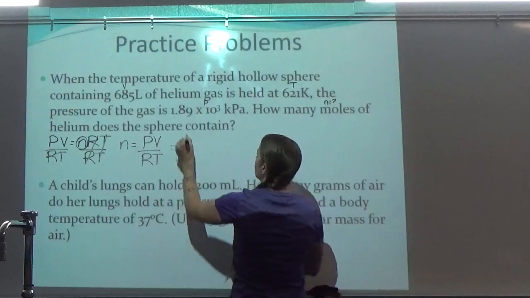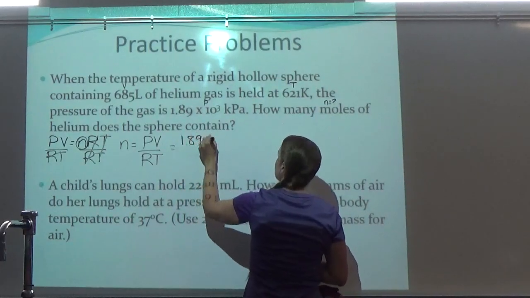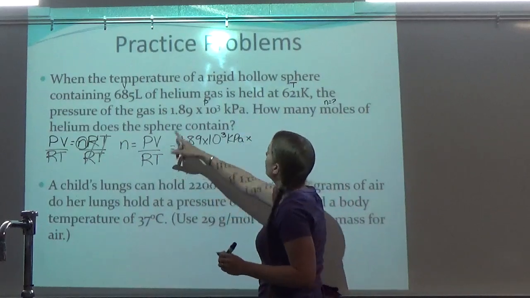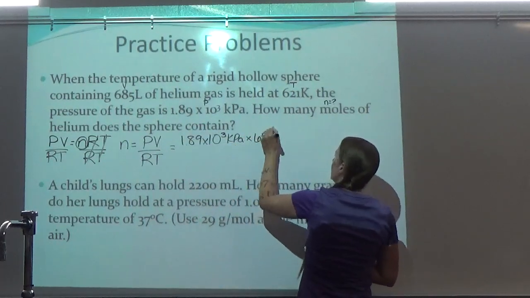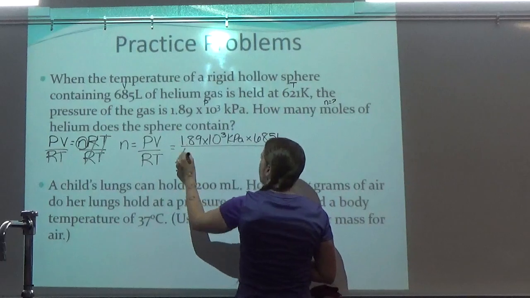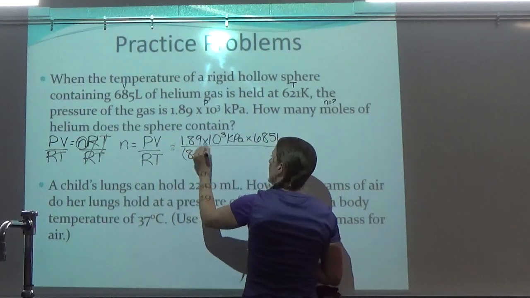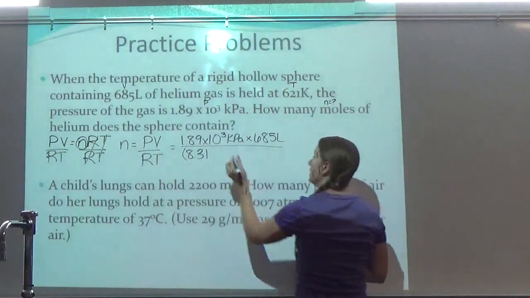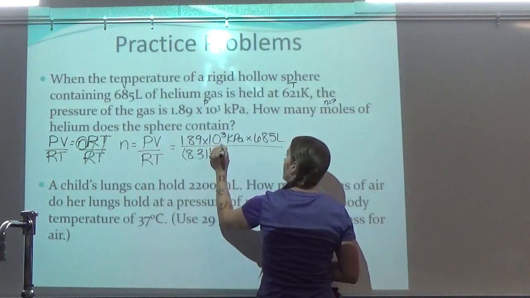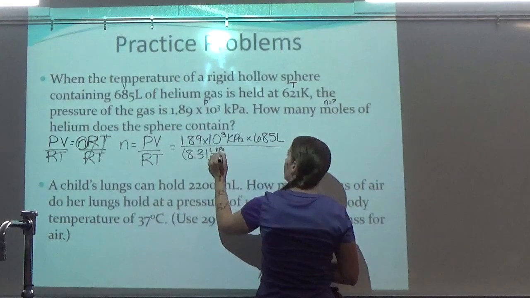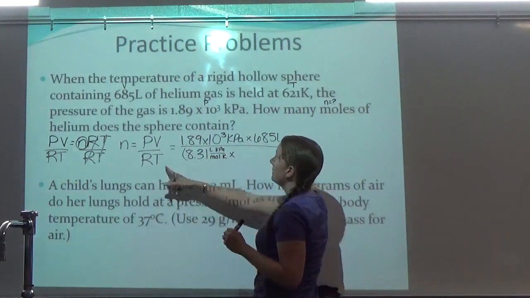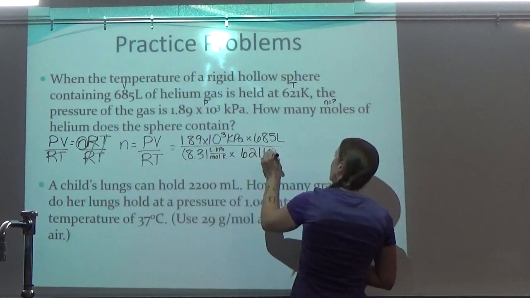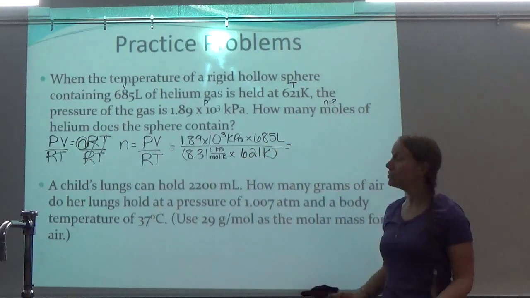So my pressure is 1.89 times 10 to the 3 kilopascals. My volume is 685 liters. My R value, which again is not going to say anything about the R value in the problem, you have to know it in your mind, 8.31, and it's liters times kilopascals over moles times Kelvin, times my temperature, which is 621 Kelvin. So remember, the R value just has those complex units, so they all cancel.